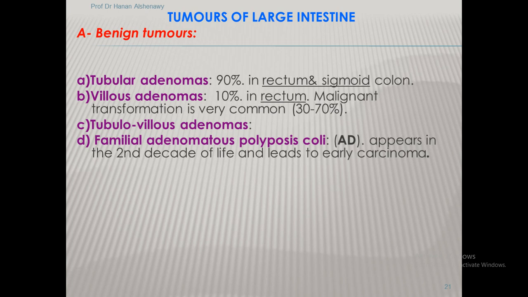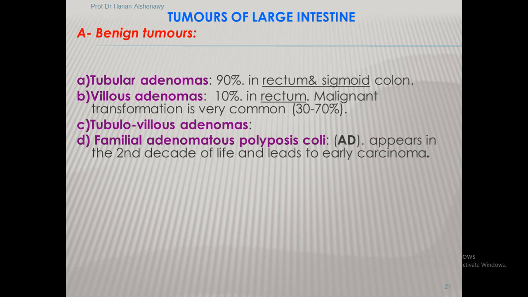Benign tumors of the large intestine, we have to know that there are many types, like tubular adenoma, villous adenoma, tubulovillous adenoma. We have to know that villous and tubulovillous adenoma are precancerous lesions. Precancerous, they may turn malignant. The last one is familial adenomatous polyposis coli. This is a familial disease, inherited by an abnormal gene, the APC gene, the adenomatous polyposis coli gene.